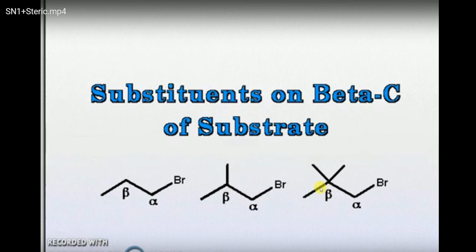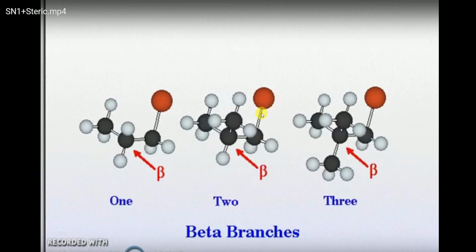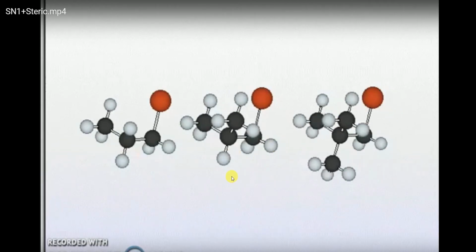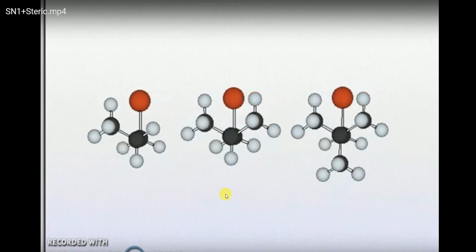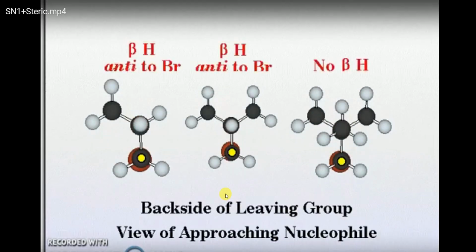All primary bromides, you can see the red ball right there. Those are the bromides. The backside leaving group and the view of the approaching nucleophile. So no beta hydrogens on this one.